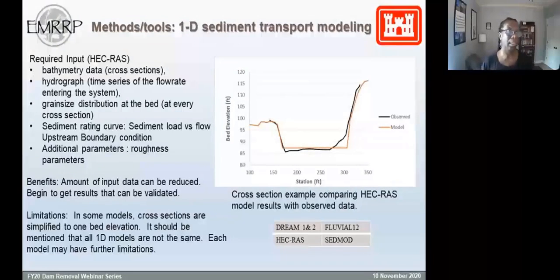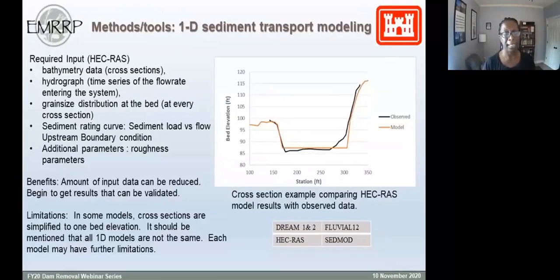So for required input, I'm looking at HEC-RAS primarily because my colleague Waleska is going to be talking about modeling of the Simpkins Dam next week, and she's going to be utilizing HEC-RAS, so I'm providing a little foundation or ramp up for her talk.